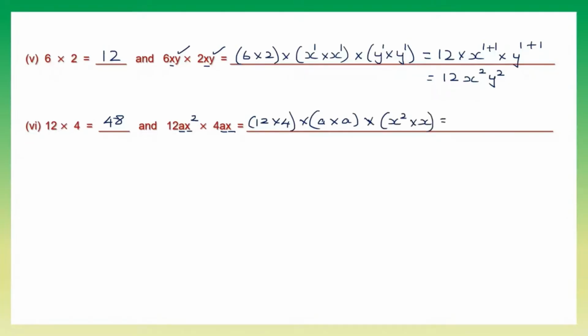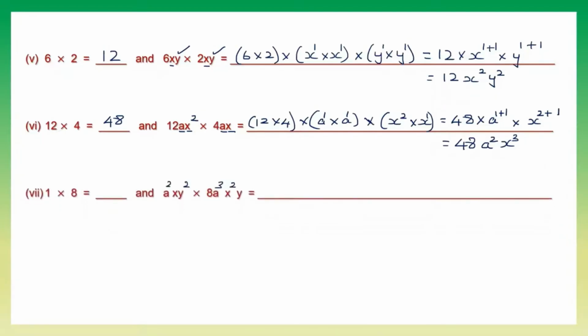So what do we have? 12 fours are 48 into a to the power of 1 plus 1. So that is 1 plus 1 into x to the power of 2 plus 1. So that is 2 plus 1. So what do we have? 48 a square, and x 2 plus 1 is 3, x to the power 3.